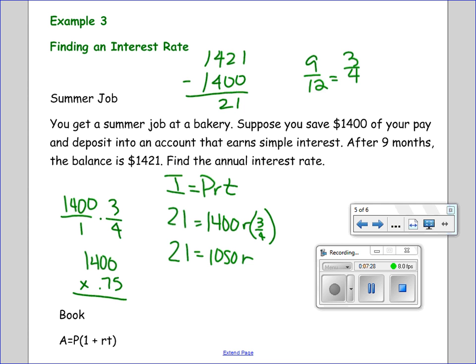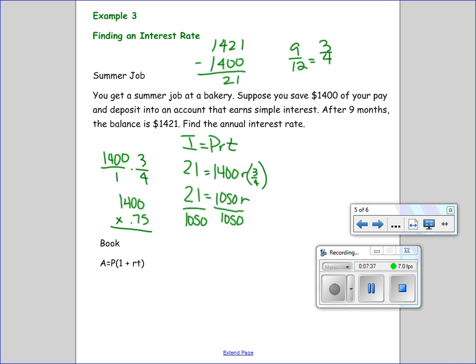Now, again using the inverse operations, we're going to divide each side by 1,050.